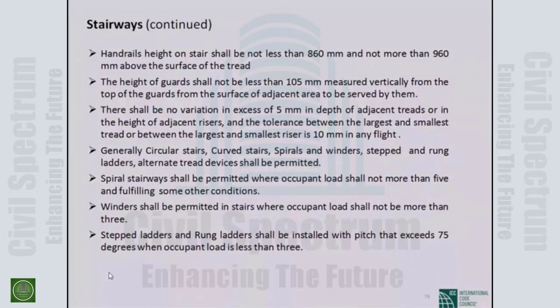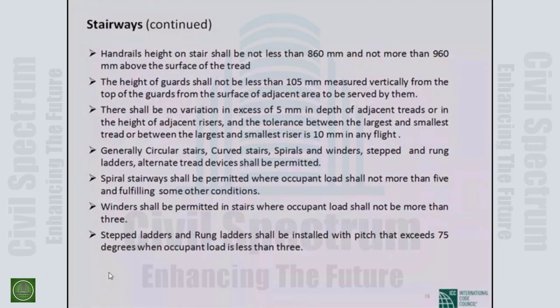Normally, windows are not permitted in the stairway, fire stairs, but with a limited number of population, you can use it. A similar thing applies to the spiral. But they have a lot of parameters, particularly the uniformity of the height, uniformity of the tread, and the width, handrail. A lot of parameters you have to be very careful about.